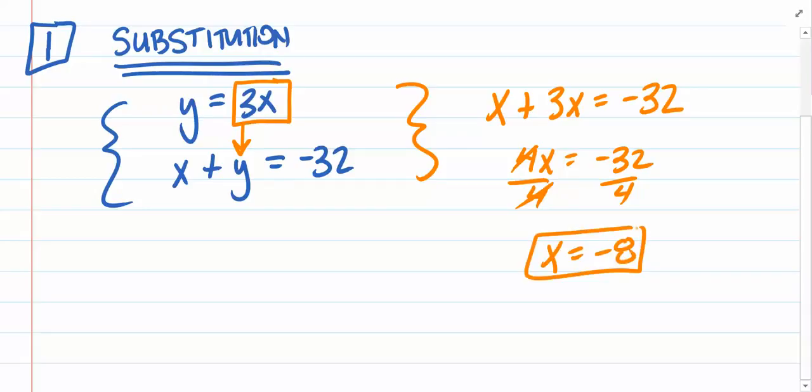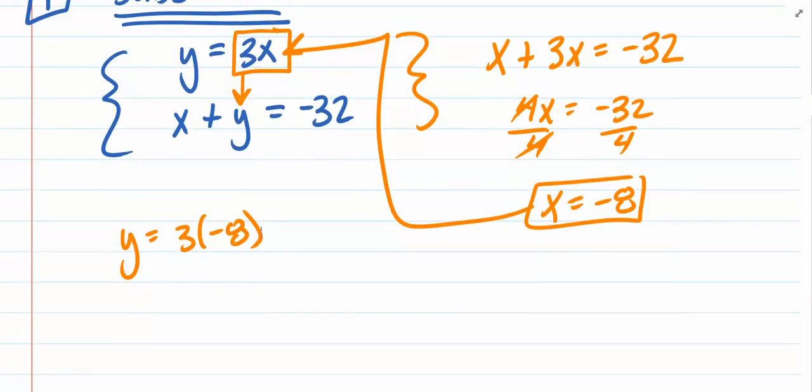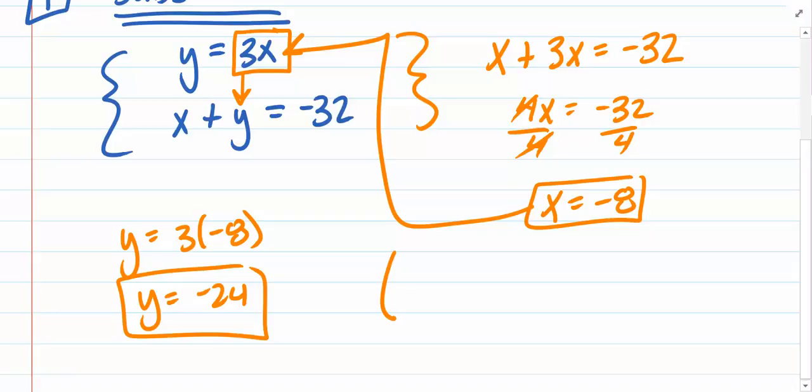Once I know that x is worth negative 8, I can take that information and substitute it right back into the top equation to tell me that y has to be worth 3 times a value of negative 8 to make that relationship true. Therefore, y is worth, hey, how much is 3 times negative 8, everybody? Negative 24. So my solution would be negative 8 comma negative 24.